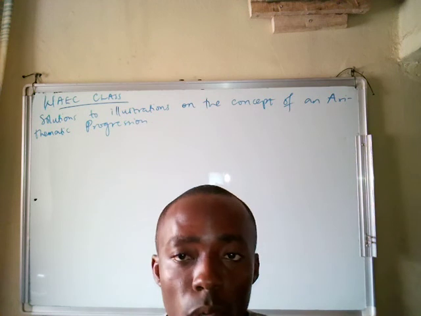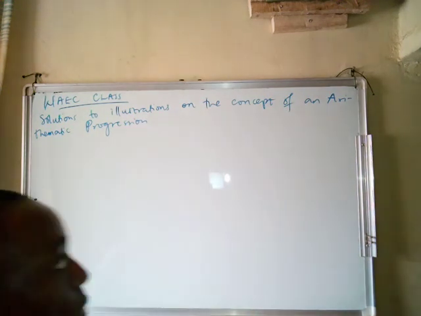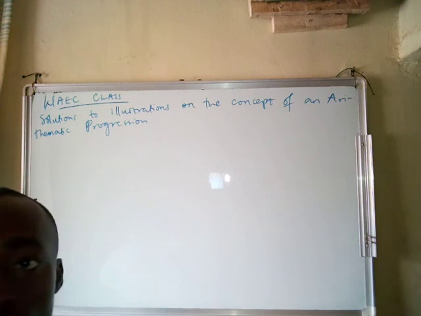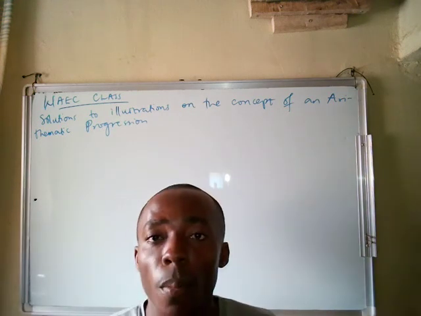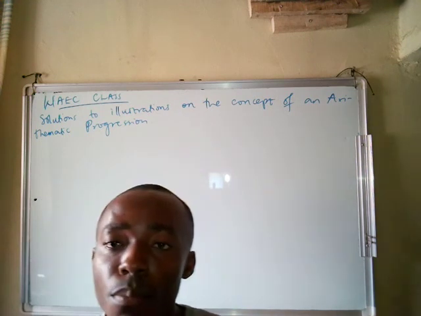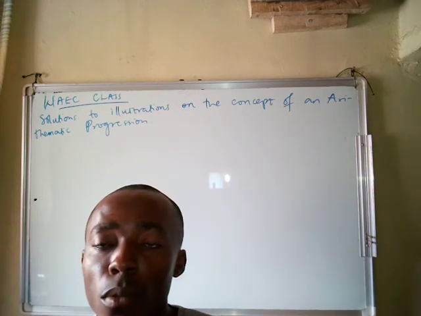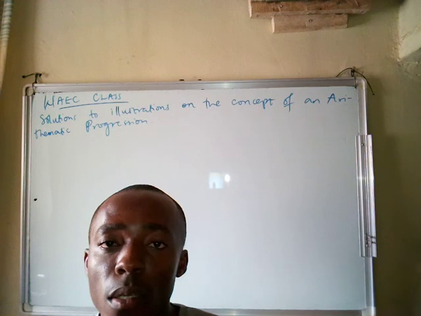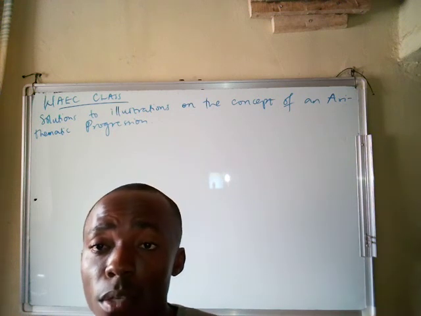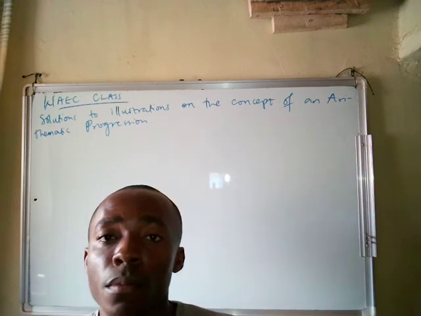If you check the board, you could have something that I have captioned as illustrations or solutions to illustrations on the concept of an arithmetic progression. This is a type where you are clear about whether an arithmetic progression is actually an arithmetic progression or not. So that's what we have.